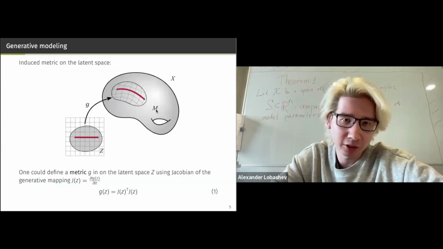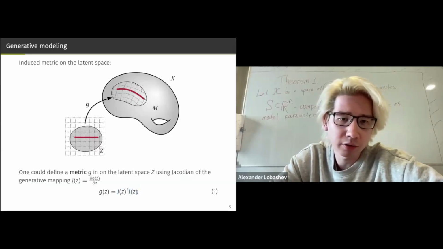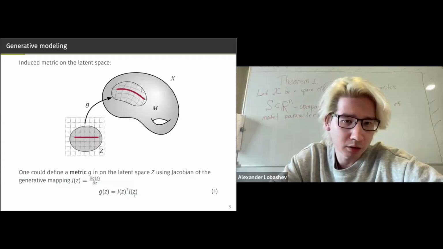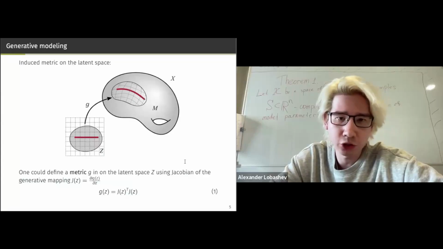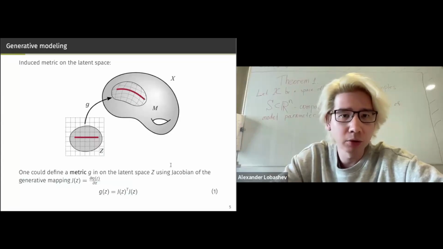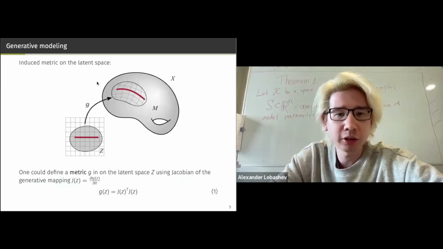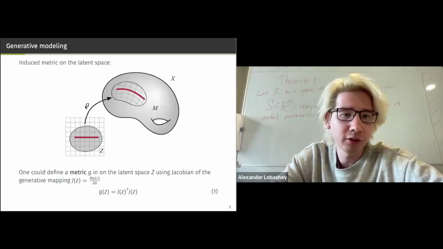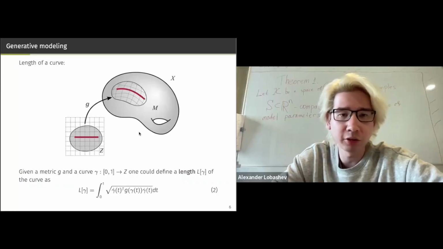So the Riemannian metric on this manifold M is just this product of Jacobians. We have this metric in the case where the generative mapping is deterministic.